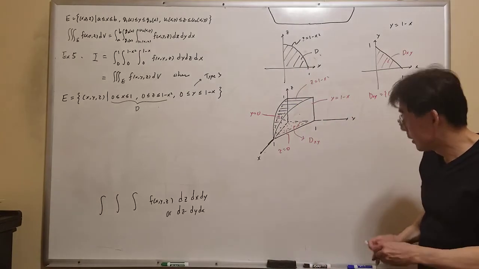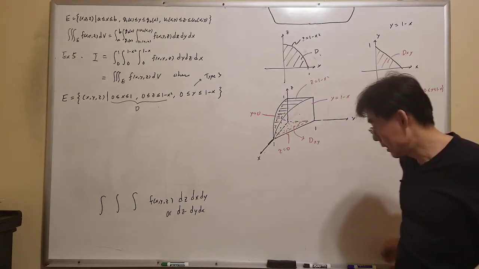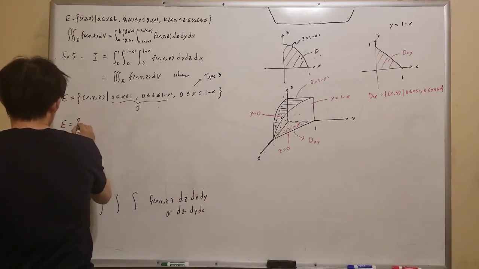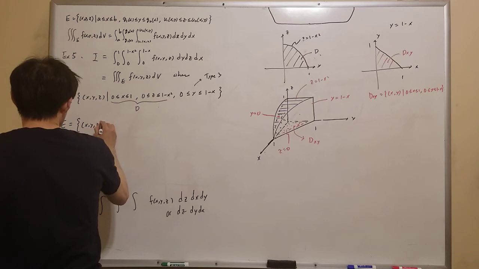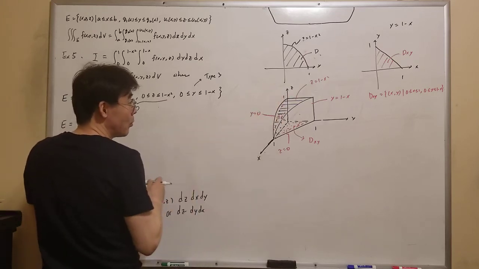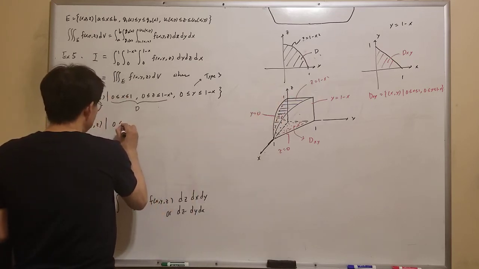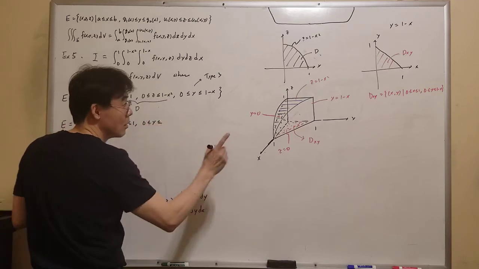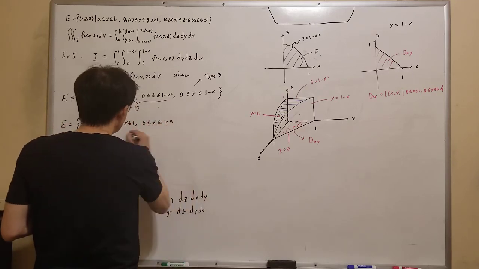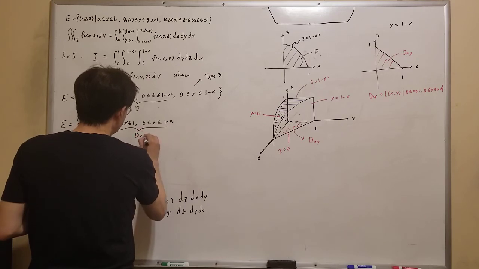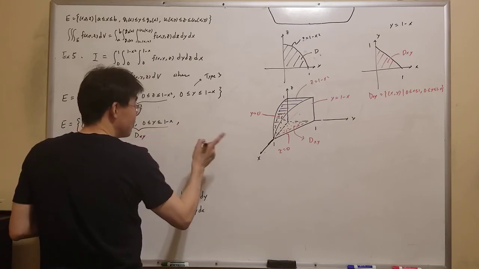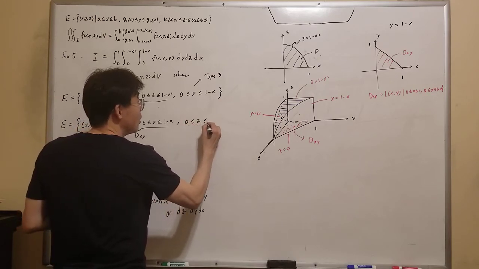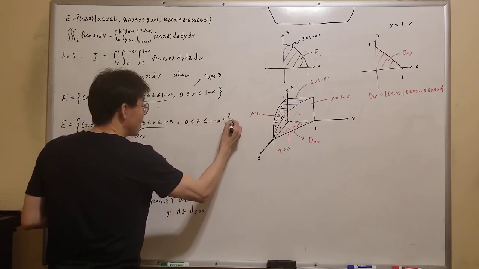So E can be written as the domain D in xy, where x runs from 0 to 1, y runs from 0 to 1 minus x. It's the domain on the xy plane. For given x, y in D, z runs from 0 to 1 minus x squared.